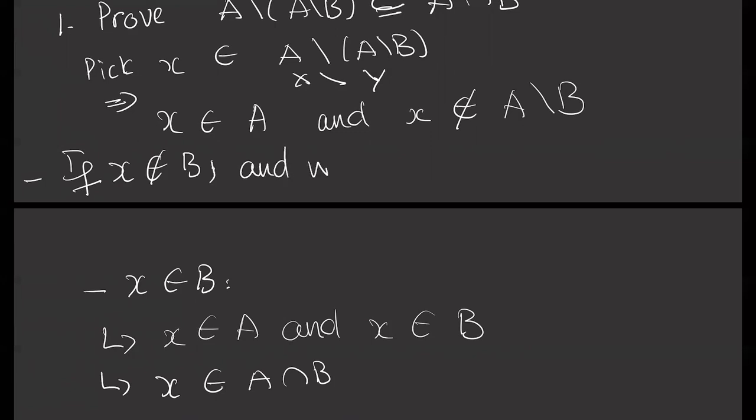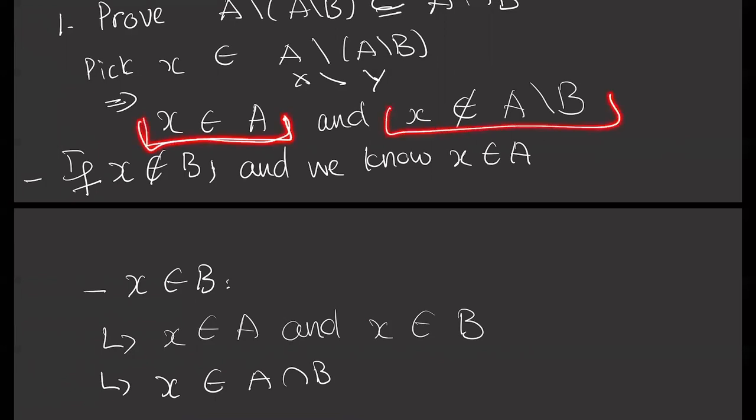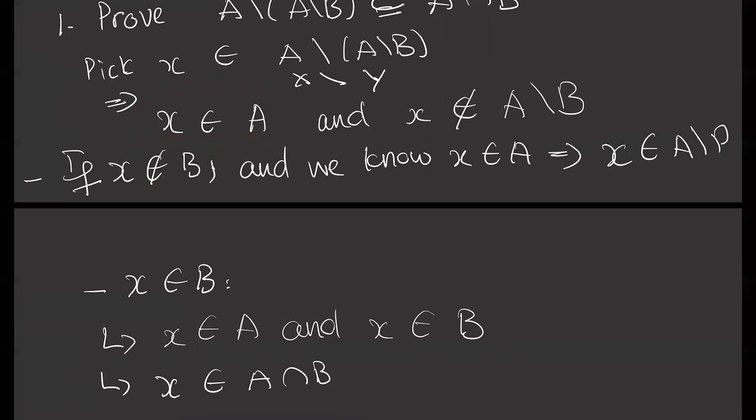and we know X is in A, we know it from here, right? We know that X is in A and X is not in this set, and we assume that X is not in B. Combined with what we know, that X is in A, it gives us X is in A exclude B, right? Because it's the definition.